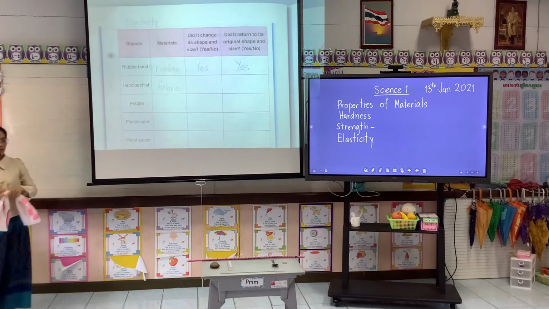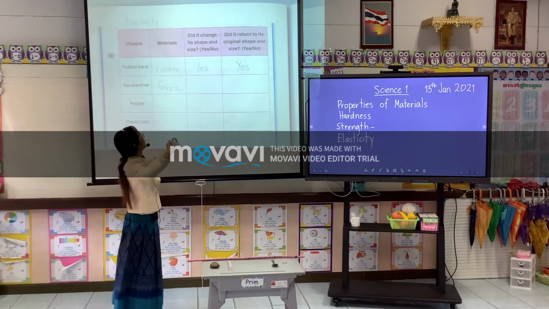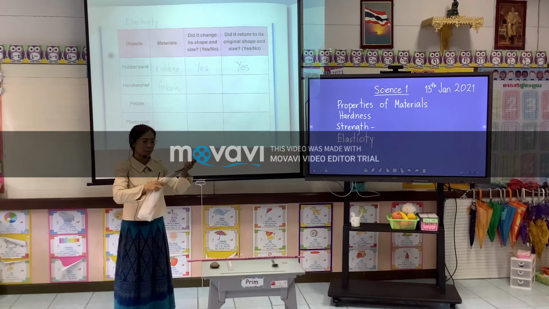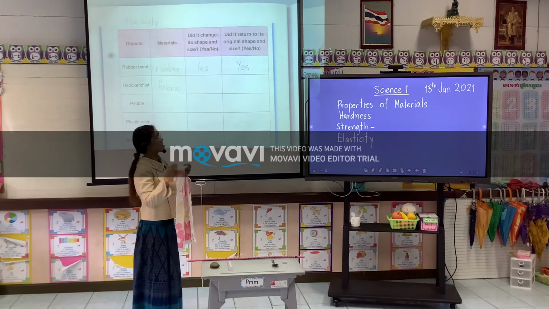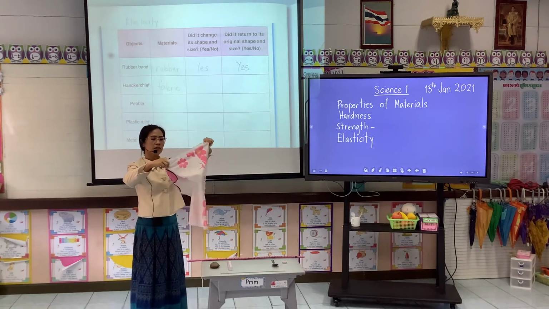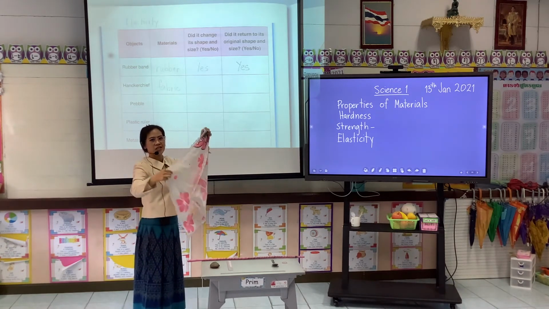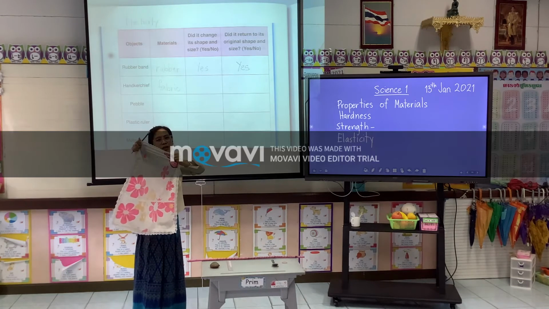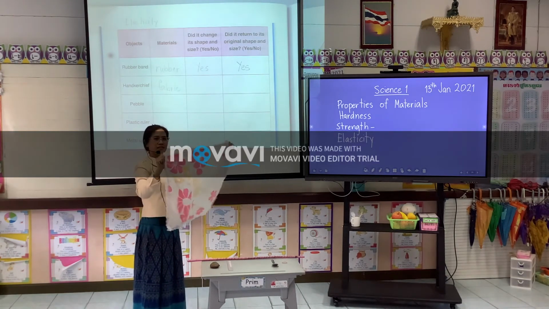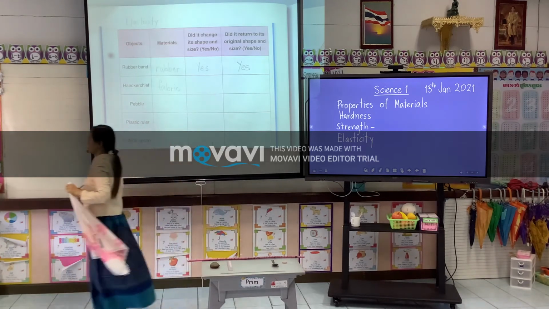When we stretch the cloth, did it change its shape and size? Now look, I'm going to stretch. Does it become bigger or smaller? No, right?